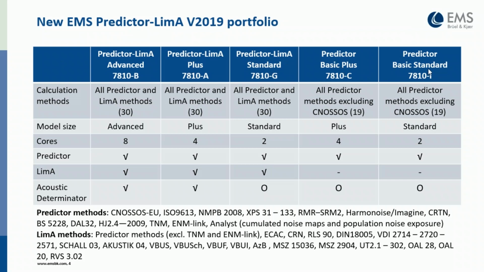If I start at the right-hand side, the Predictor Basic Standard now includes all predictor methods, excluding the Knossos. This means that if you look underneath this table, the predictor method now includes Knossos, ISO, NMPB, XPS, RMR, Harmonize, BS5228, the DAL, the Chinese HD 2.4, the American Traffic Noise Model, TNM, the Australian ENM Link, and the new Analyst module.